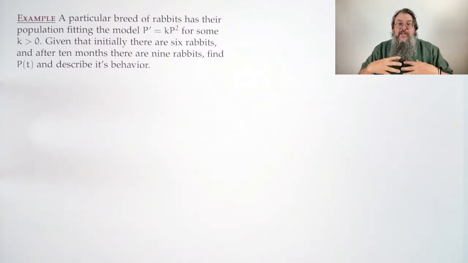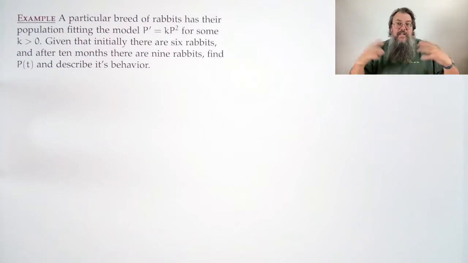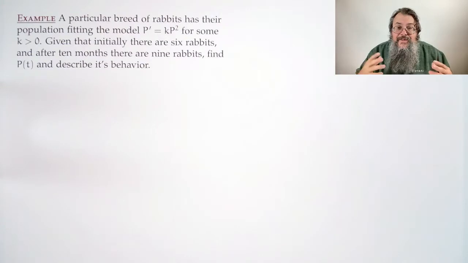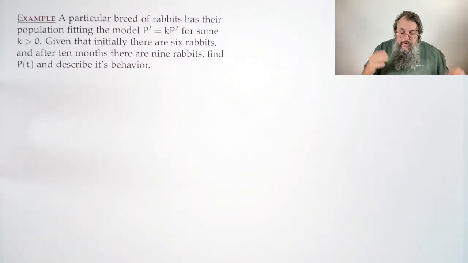So this is just as your population gets bigger, everything starts happening more quickly. So you have more births, you have more deaths, and so we should expect some sort of rapid increase. Well, at least that's our intuition, right? So let's see what goes on. Okay, so it does say that k is greater than 0. I'm sure that'll come into play at some point.